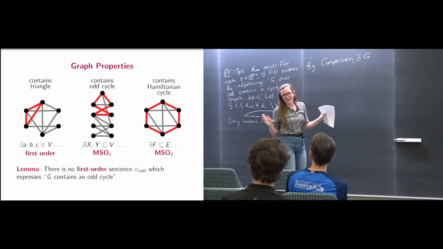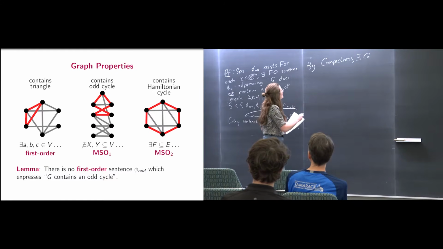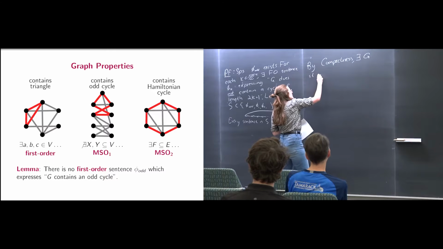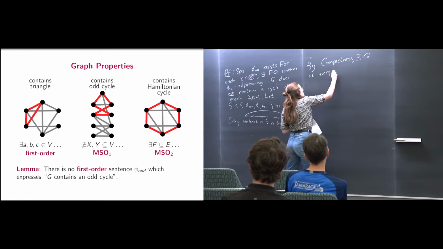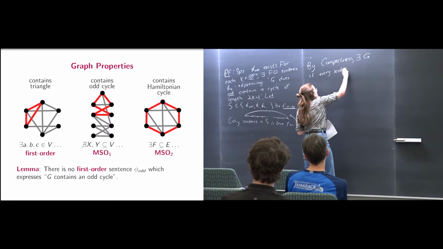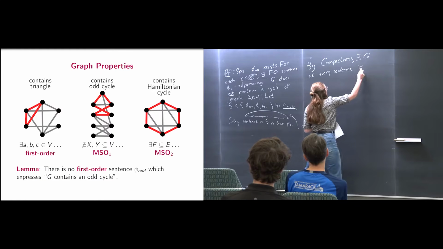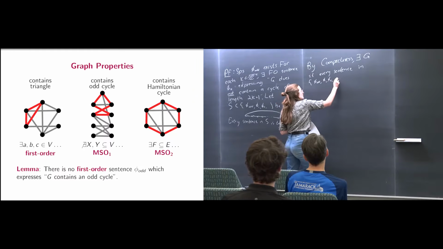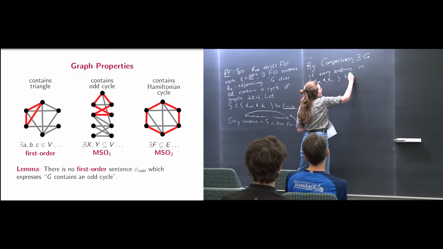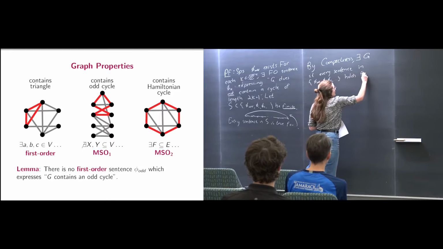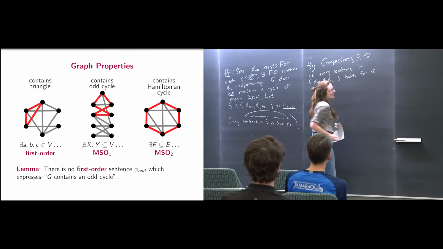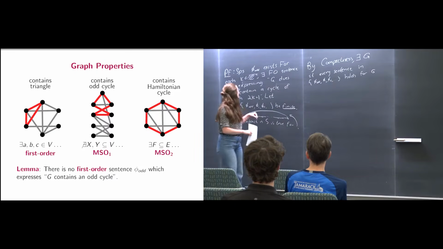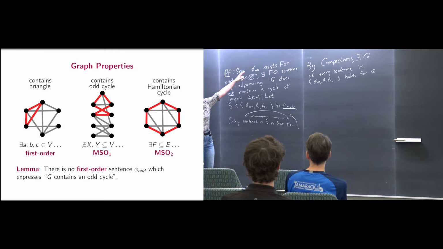It doesn't have to be finite, okay, but there exists a graph so that every sentence in that set holds for G. But now this is a graph that has an odd cycle, but yet it doesn't.